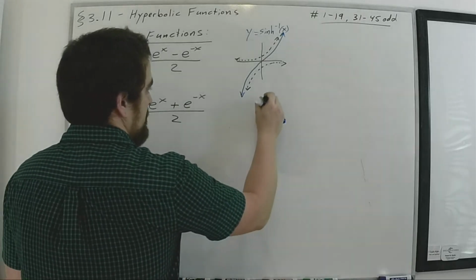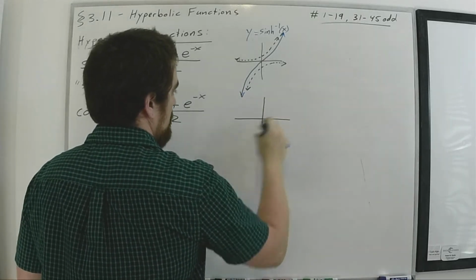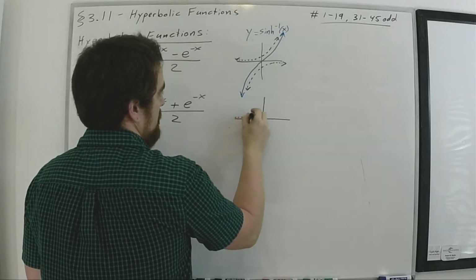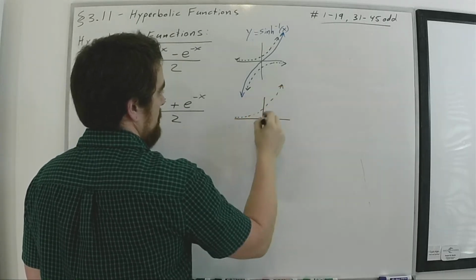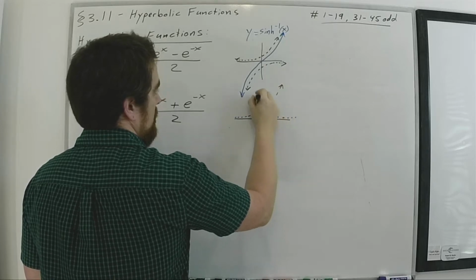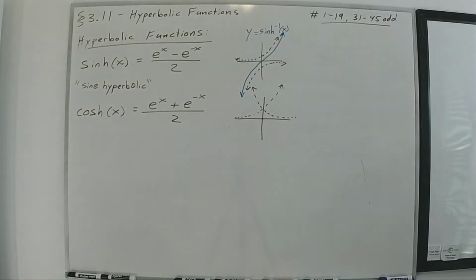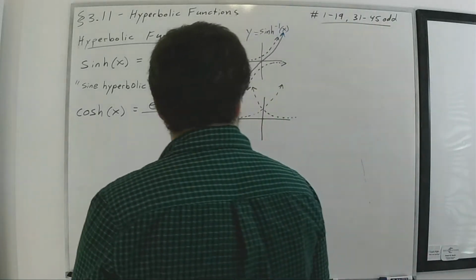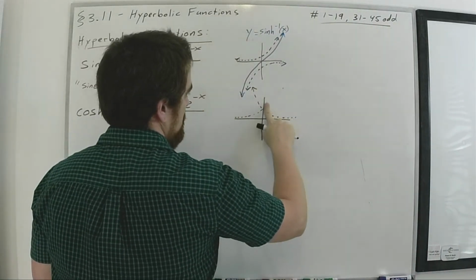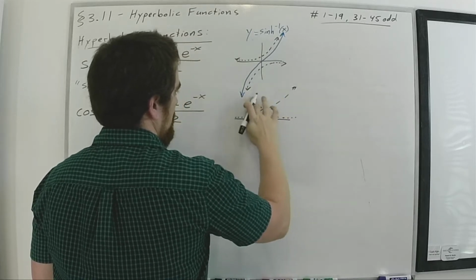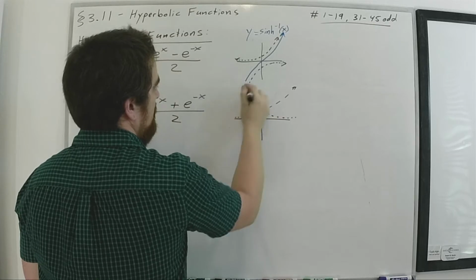And then for cosine hyperbolic, again, it's very reminiscent of trying to graph y equals e to the x, and then y equals e to the negative x. And it should give you some sort of shape, again, sort of close to this. A little bit of overlap here. Let me cut back on that.